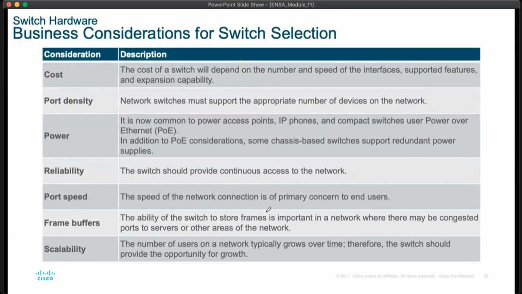Business considerations for switch selection. First, cost. The cost of a switch will depend on the number and speed of the interfaces, supported features, and also expansion capabilities. Port density.